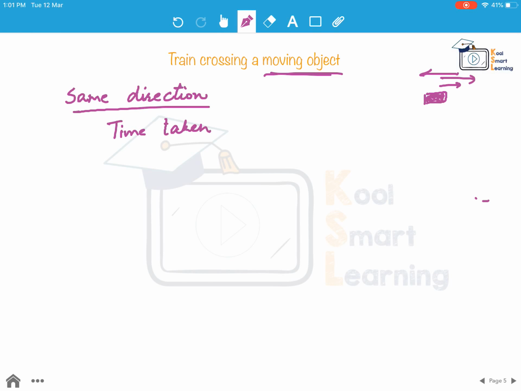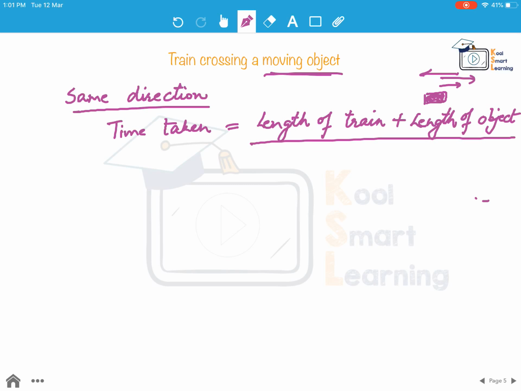Now we understand that the distance that it has to travel is the length of train plus the length of object, and in this case a typical example would be a train crossing another train moving in either the same direction or an opposite direction. Now this has to be divided not by the speed of the train, it has to be divided by the relative speed now, of the train and object.